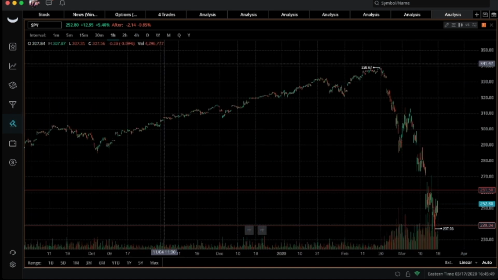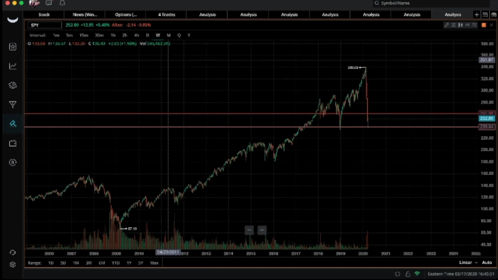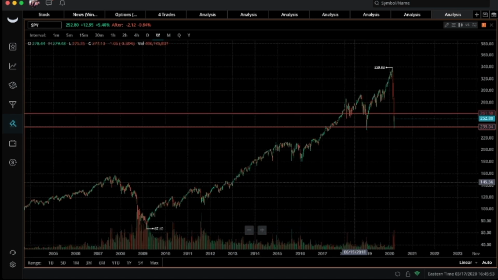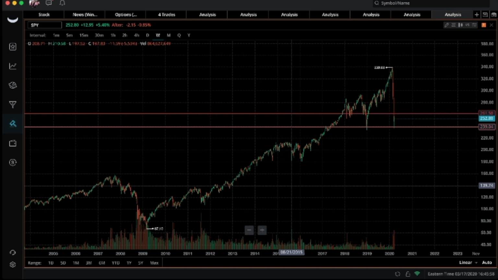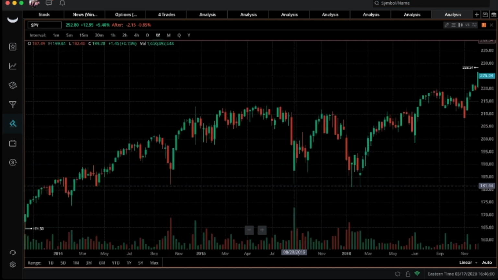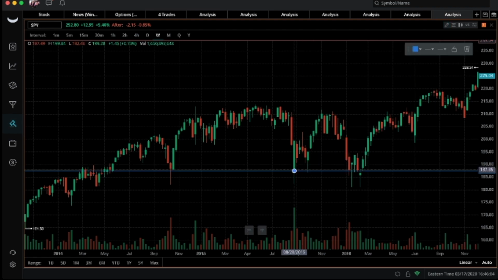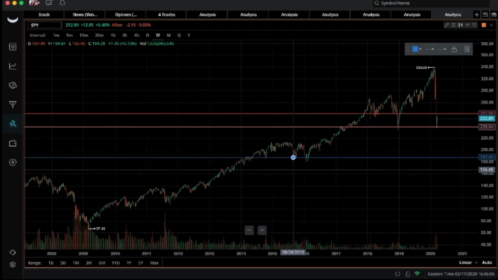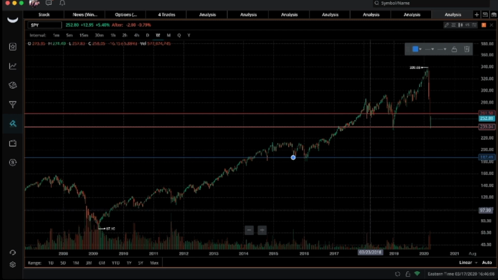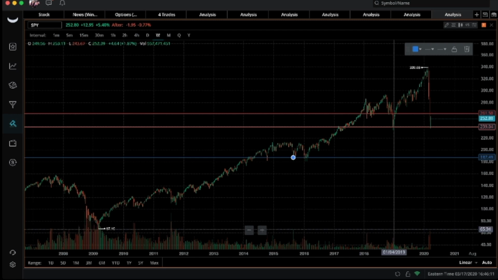All right, so let's continue with our supports and resistances. So we have this one, we have this one. It looks like this is another area of very high volume. So we're going to go ahead and put a horizontal line here, and we'll see how this volume compares to the other two. It's a little higher than this one and much higher than this one.